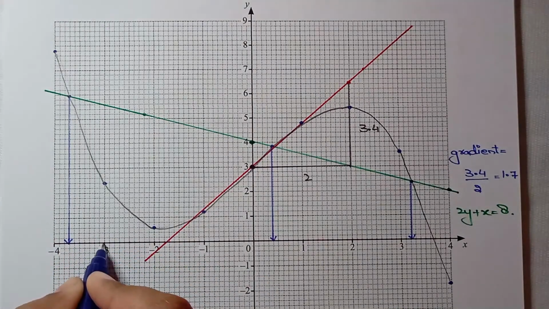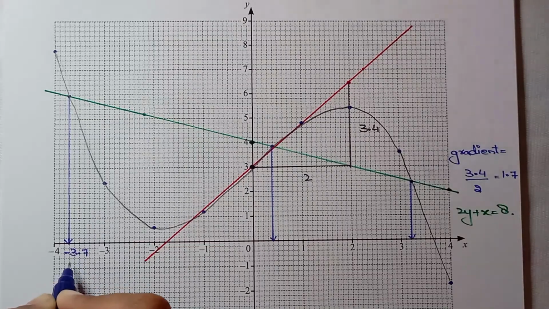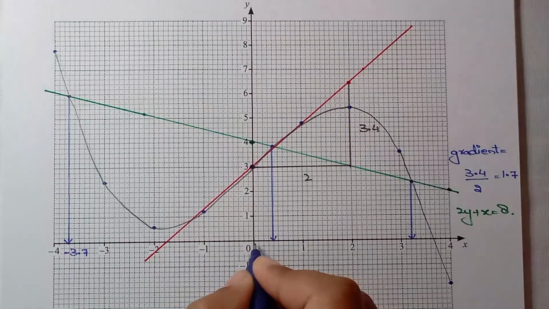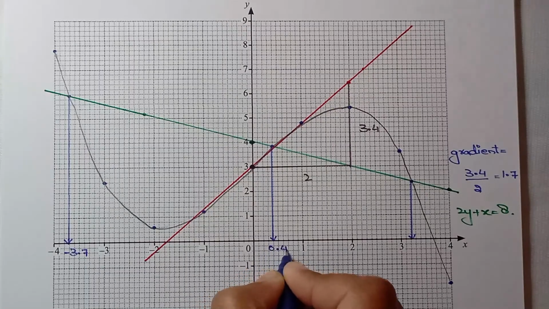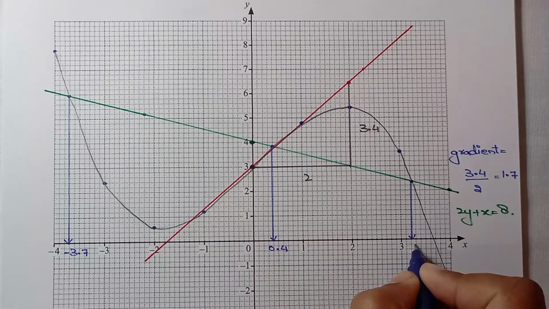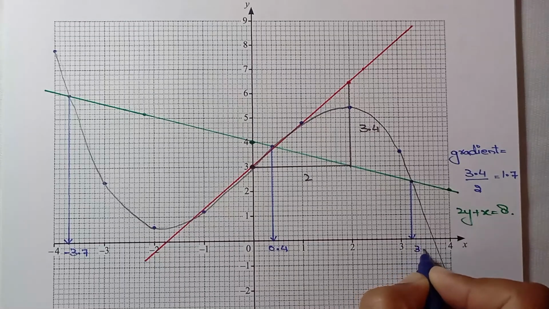So we have -3.7, and this is 0.4, and this would be 3.2.